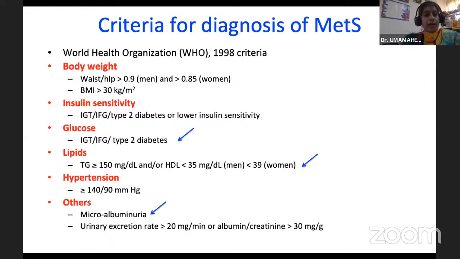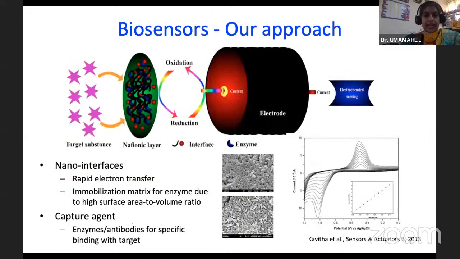So our approach towards biosensors, I'm sure you have had a wonderful introduction to various types of biosensors by Professor Suri, followed by Professor Joe, who talked about those fluorescent molecules. But our approach has been more on the electrochemical side. What we try to do is modify the electrodes.